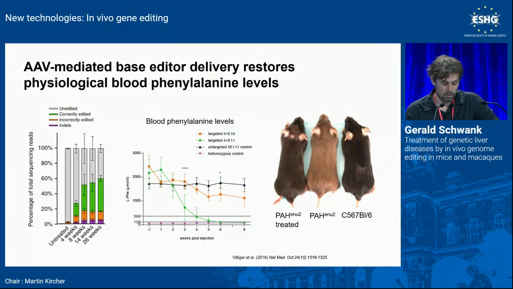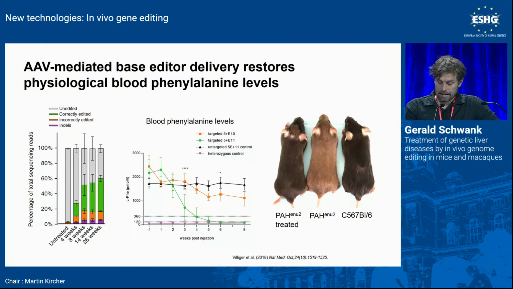Now, in the first study we performed already a while back, we encapsulated this cytidine base editor into an AAV, into a viral vector that transduces liver cells, and indeed we got about 50% correction, which then led to a decrease in the phenylalanine levels back to physiological levels after a few weeks, and also to a correction of all the other phenotypes the mice normally have.